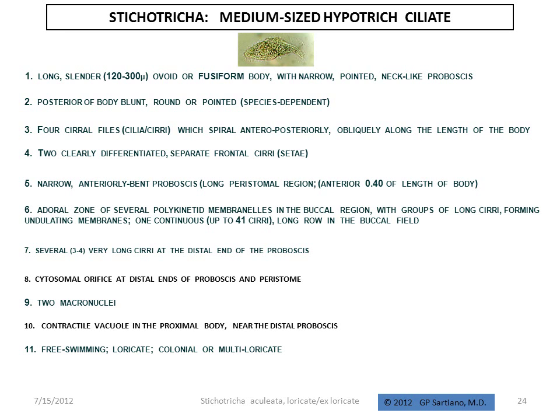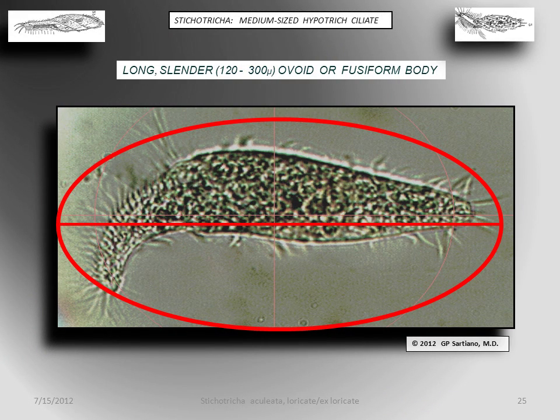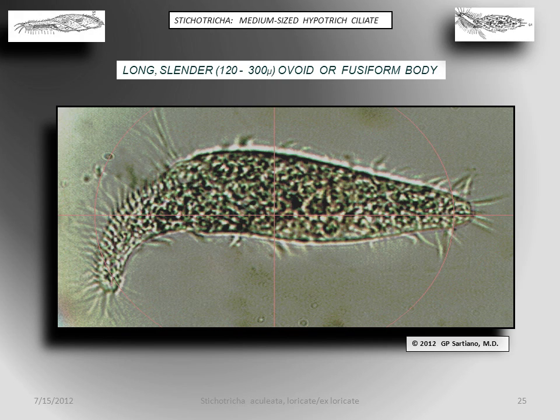These features will be addressed individually. Stichotricha is typically between 120 and 300 microns in length.